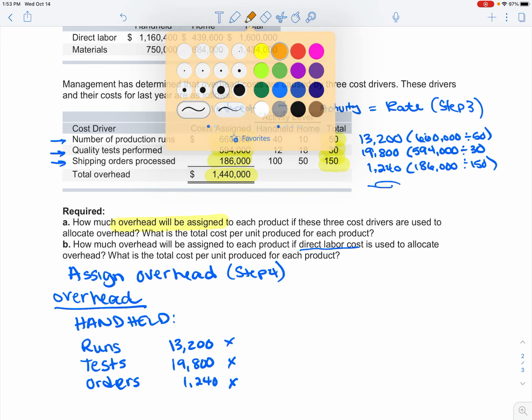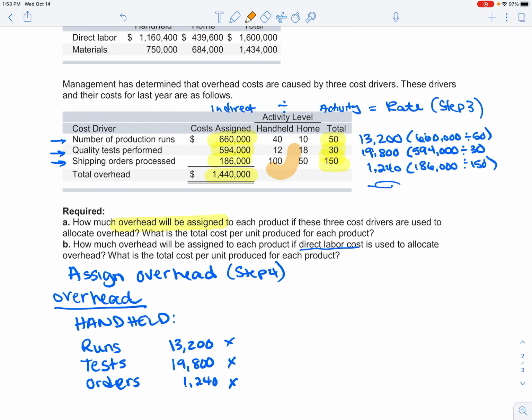Since we're looking at the activity for the handheld, we're going to look at this activity here. So I'm going to bring down, I have 40 runs, I have 12 tests, and I have 100 orders. I can multiply that all out, which I've already done, to save us some time.